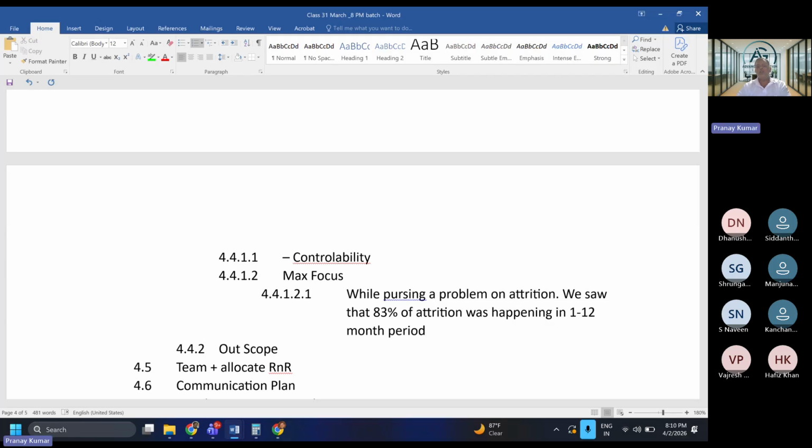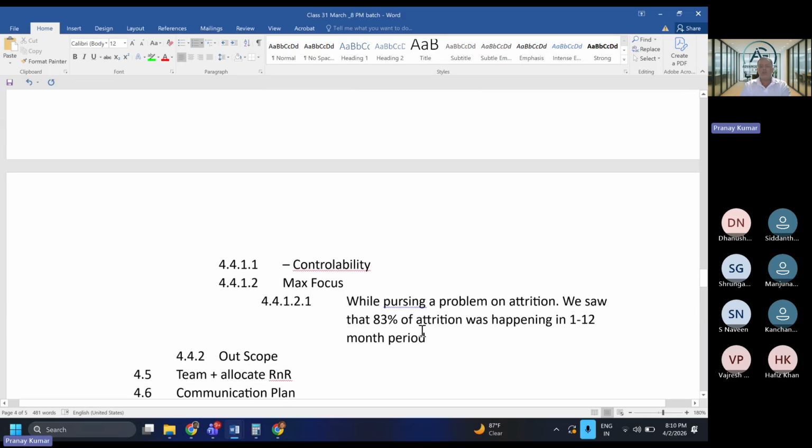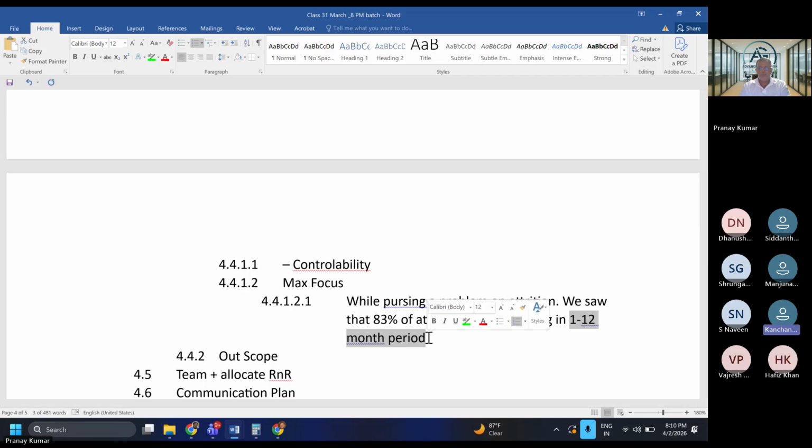All your new joiners, people who spent 1 to 12 months in the company, were the ones attriting. So maybe you can add that to your scope statement, saying I only want to reduce attrition for people with 1 to 12 months of tenure. Everyone with me? Yes, sir.